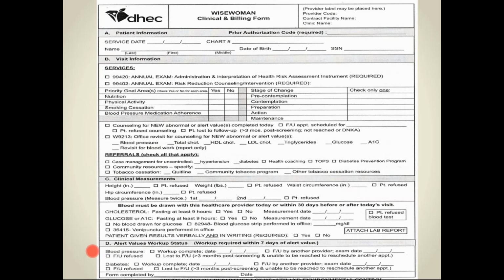And with that, that's where the revisit counseling comes in. When you see that W9213 at the top, that's where if you have to bring that patient in because of that abnormal reading, you can rebill for a revisit with that W9213 code.